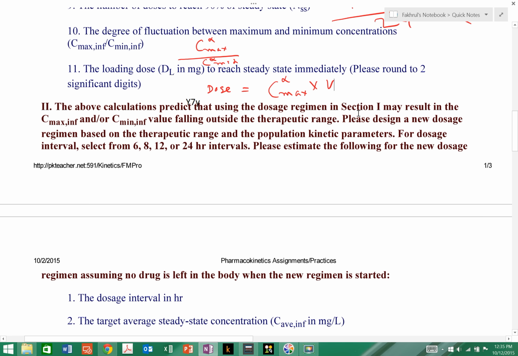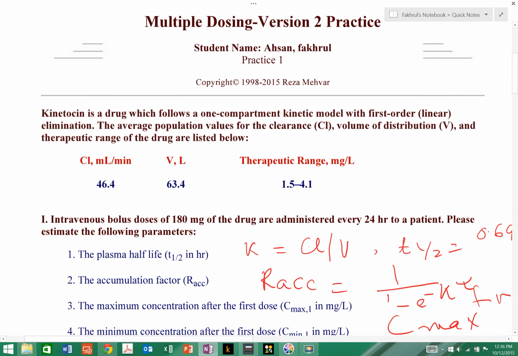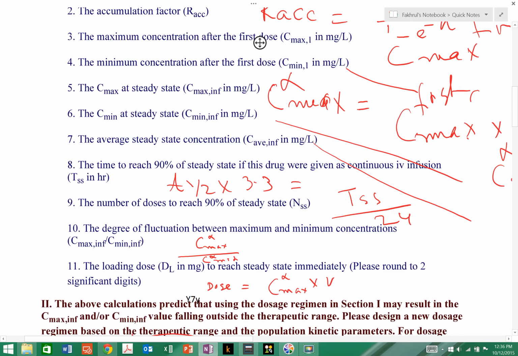So you have to design a new dosage regimen based on the therapeutic range and population kinetic parameters. For dosage interval, as we have discussed, you have to select one of these intervals. So here it is based on the therapeutic range. Just remember, this is our therapeutic range.